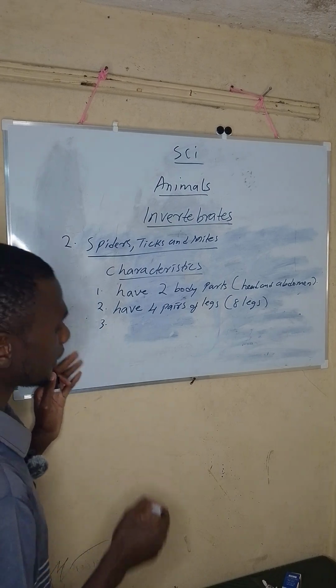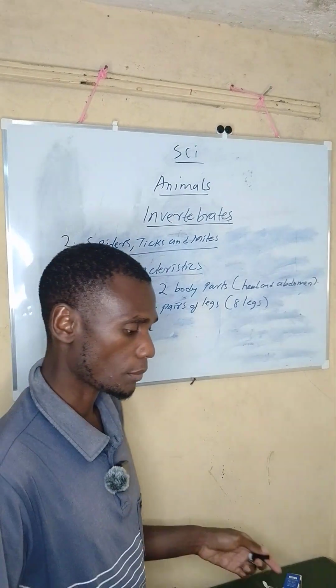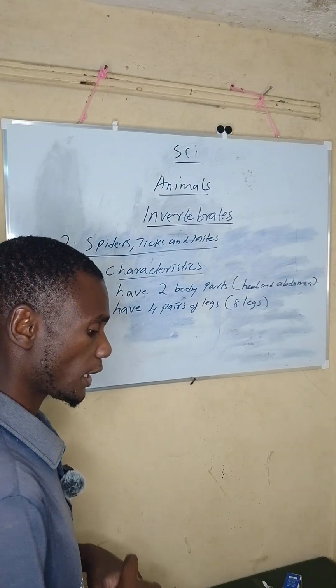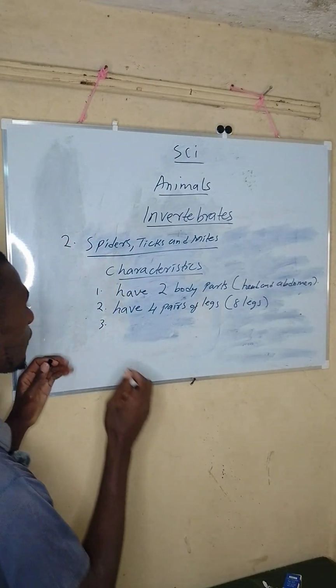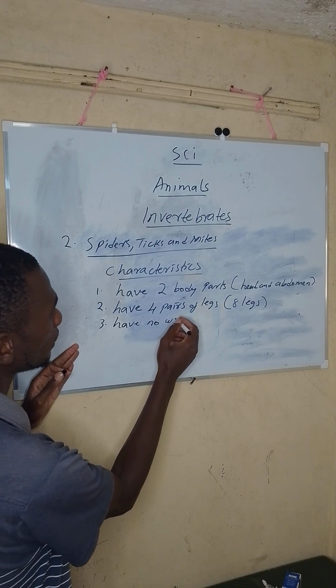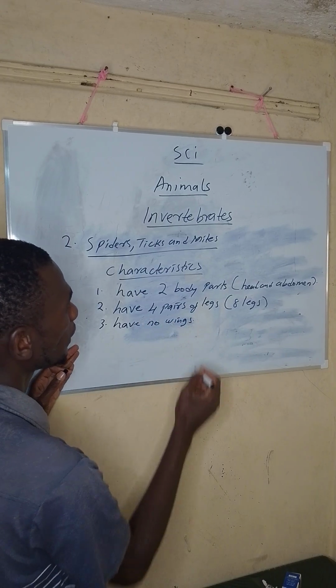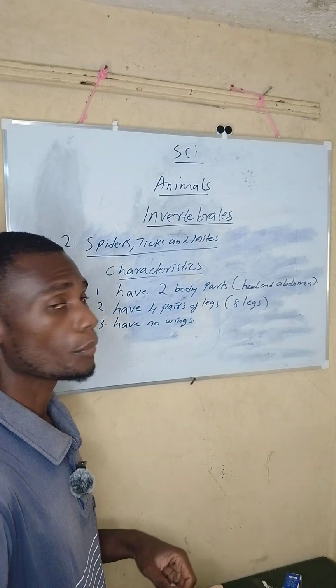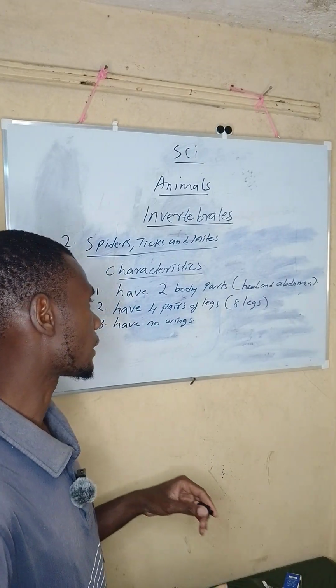The third characteristic that is also different from the insect is that these ones have no wings. There's none of them that has wings. This group, all of them are wingless.